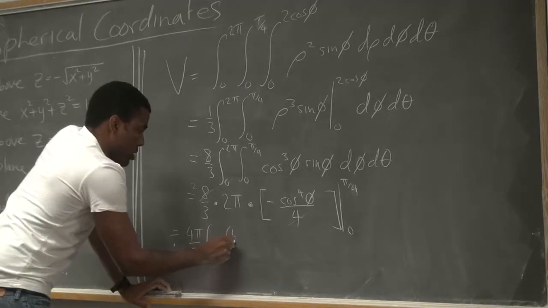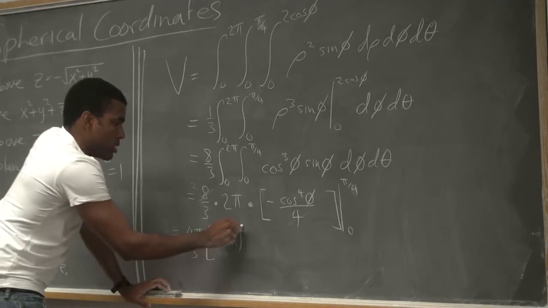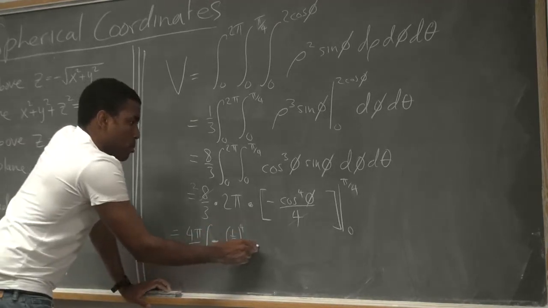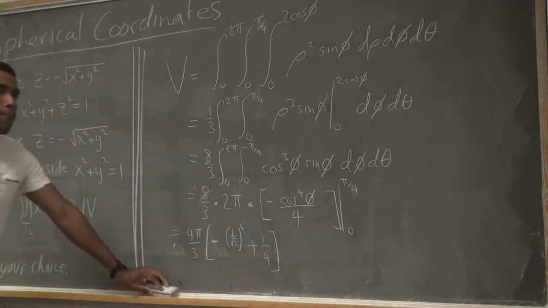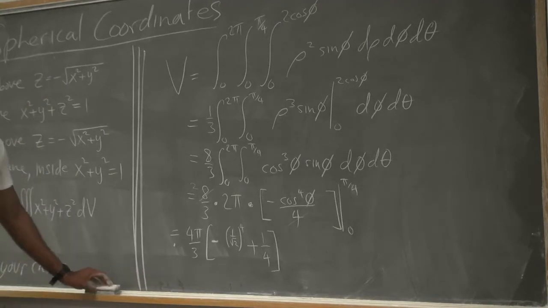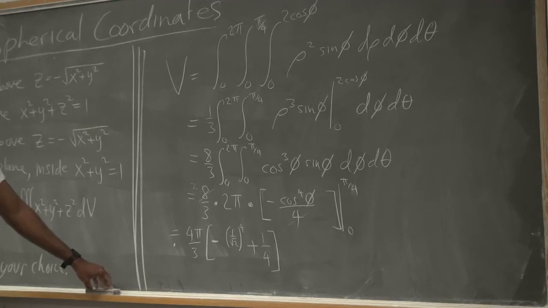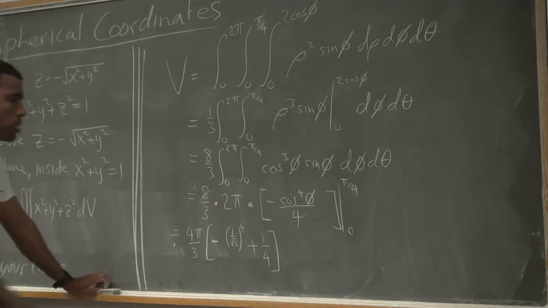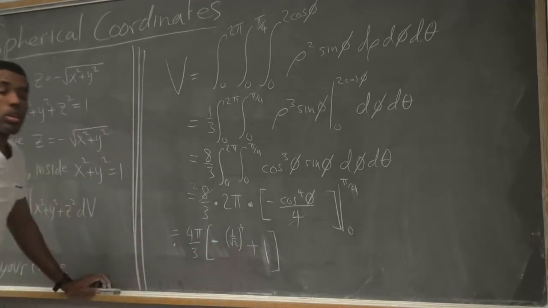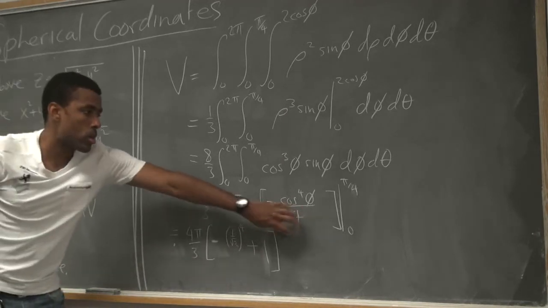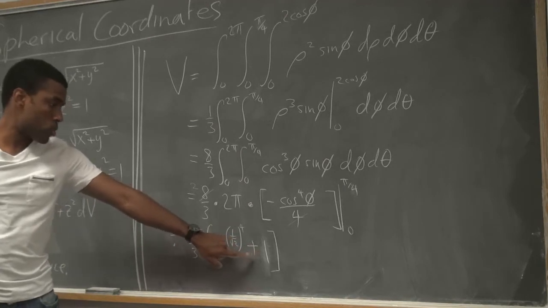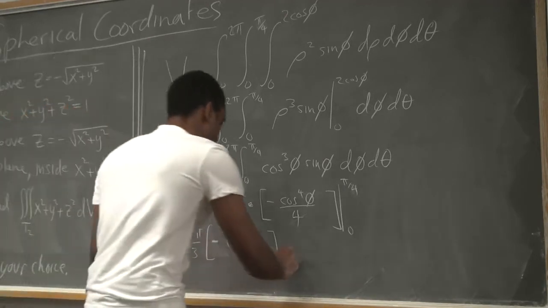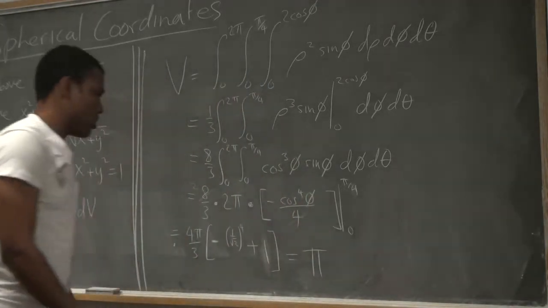Right, you can think of it as 1 over radical 2, or root 2 over 2, we raise that to the 4th, plus cosine 0 is 1. Sorry, this is 1, because I moved this 4 out. So that's actually going to be a quarter, right? And then this is going to be 1, so it's 1 minus a quarter, that's 3/4, and so that would actually just be pi.